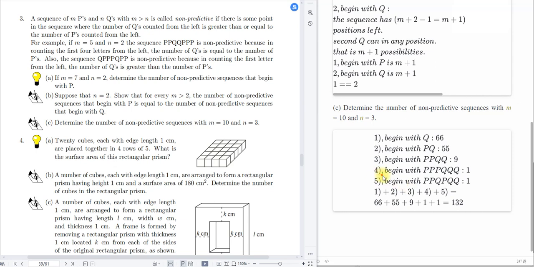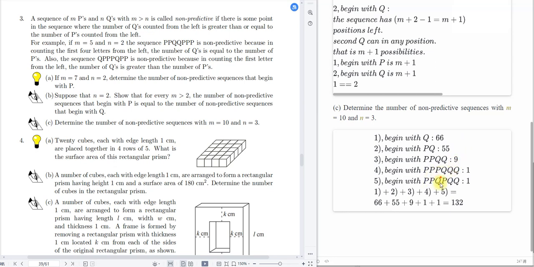Okay, so let's discuss PPPQQQ. PPPQQQ, there is only one possibility because the remaining are all P's, and we begin with PPQP, and for Q to catch up, we must have a Q in the 5th position and another Q in the 6th position. So this would be one possibility.